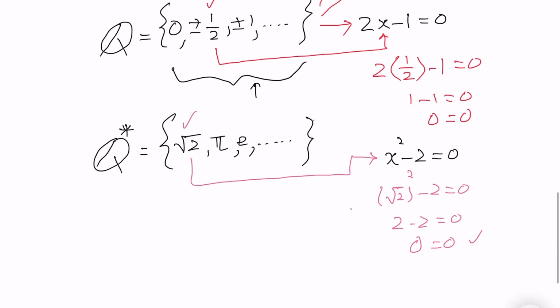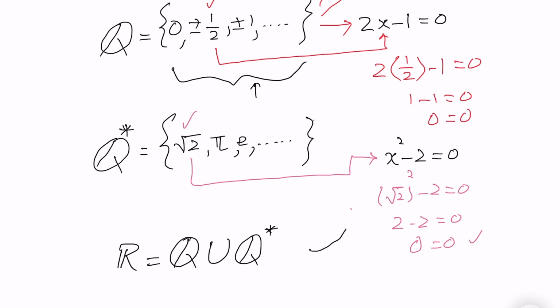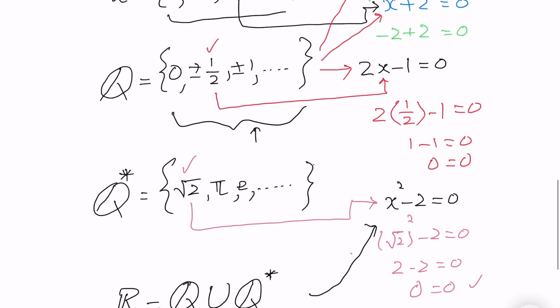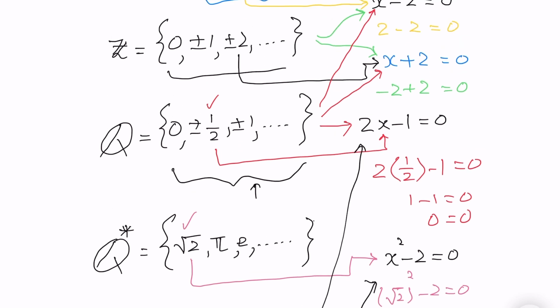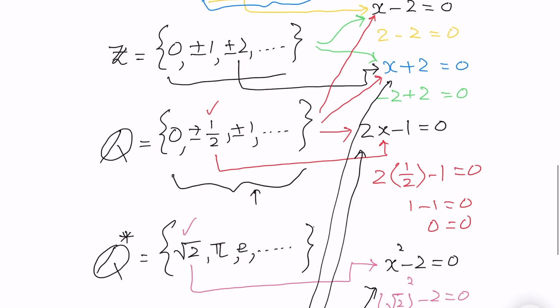So when we combine these two sets into one set, which is called the set of real numbers, which has all the fractions and all the non-fractions, actually we have developed a set which can answer all the equations like these, these, and this one.